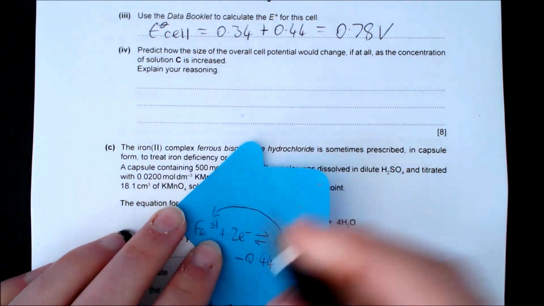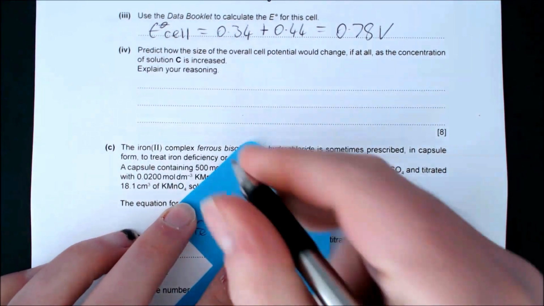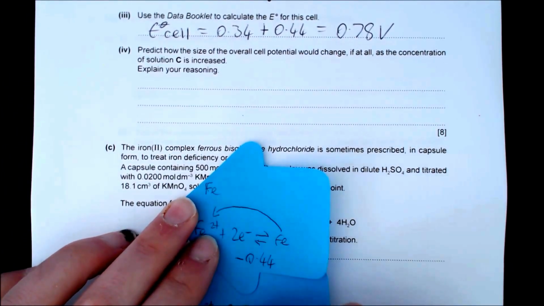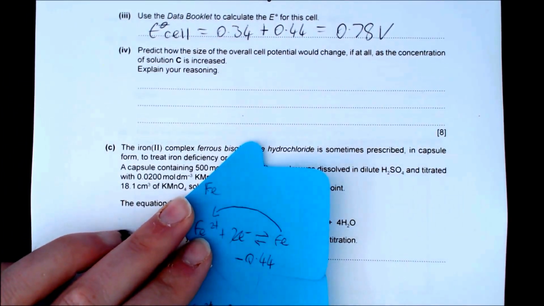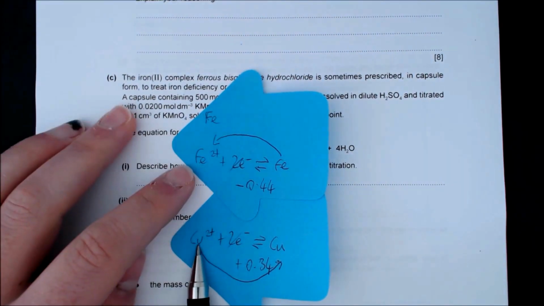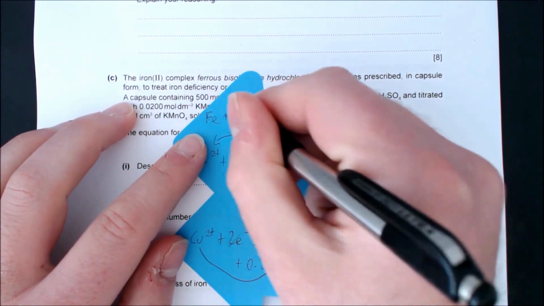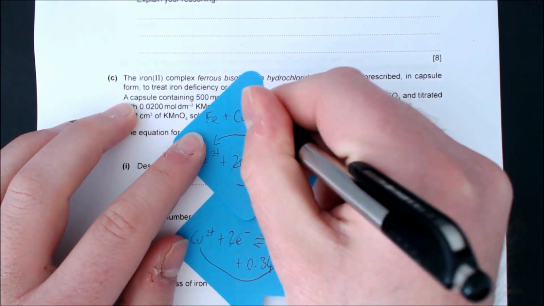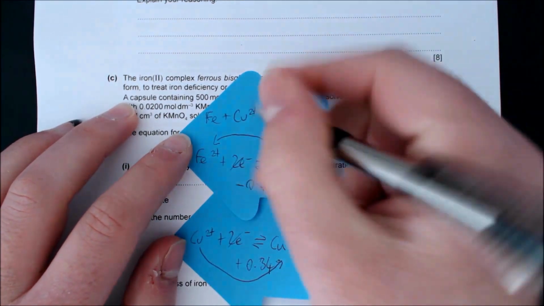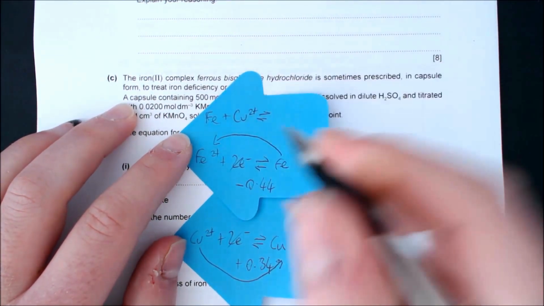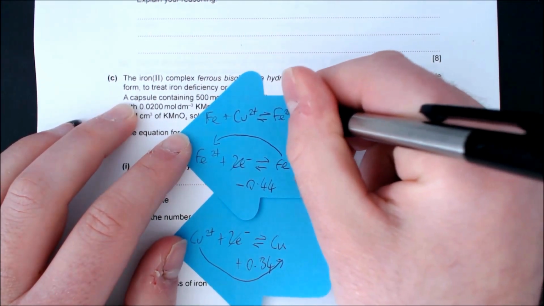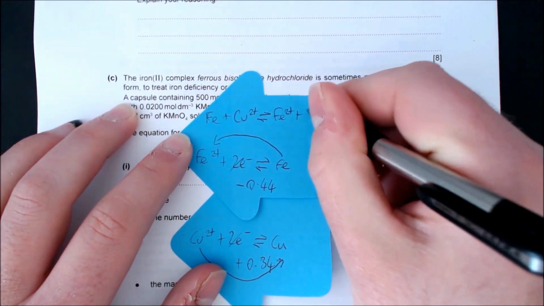So if I write my overall equation here, it is going to be Fe, which we start from here, cancel the electrons out, and that's going to react with Cu2+, which is down here, just note that up, and that's going to produce Fe2+, which is on this side, and it's also going to produce copper as well.